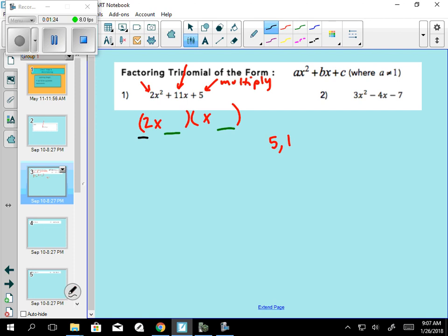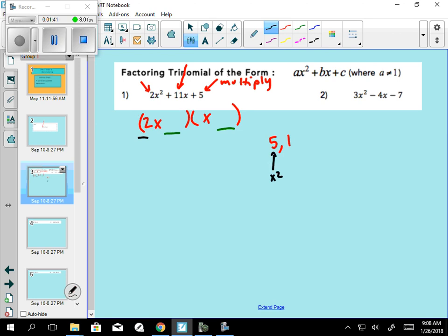That means one of these two terms is going to have to get multiplied by 2 in order to equal that 11. So we have to figure out which of these two terms needs to get multiplied by 2, and then that'll add to 11.